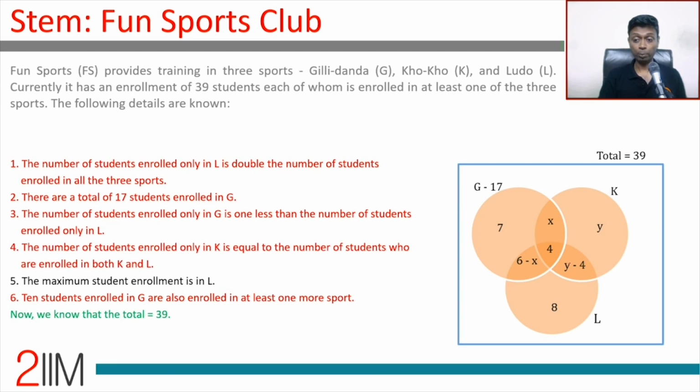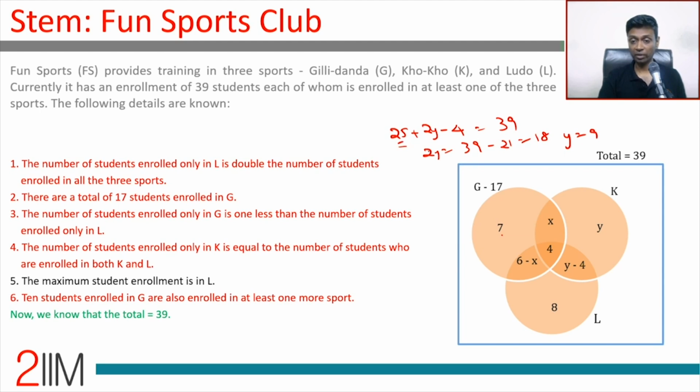With this, we can possibly figure out one of X or Y, because we know that the total is 39. 25 plus 2Y minus 4 is 39, or 2Y is 39 minus 21, which is 18, or Y is 9.